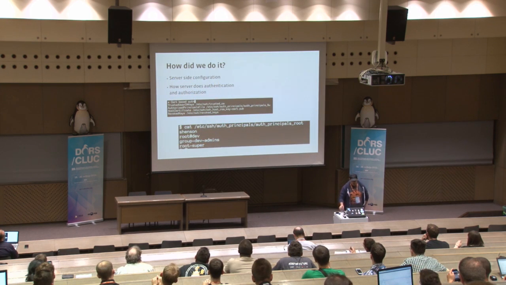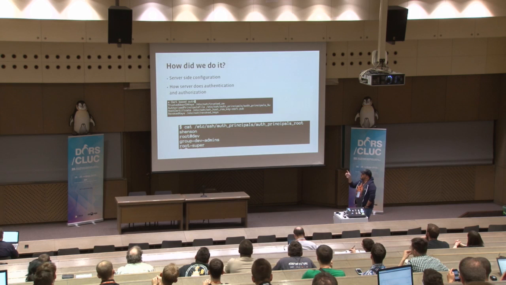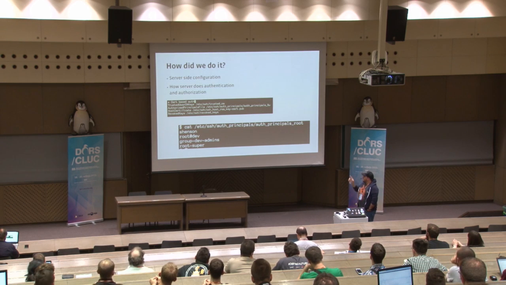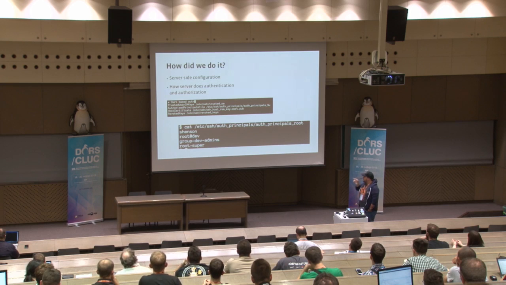On the server side, configuration is actually fairly easy: 4 lines in the server-side sshd_config. You get the SSH CA, which is just the .pub of the key pair that we generated earlier, where to find the authorization information, and then some revoked keys and that kind of thing.